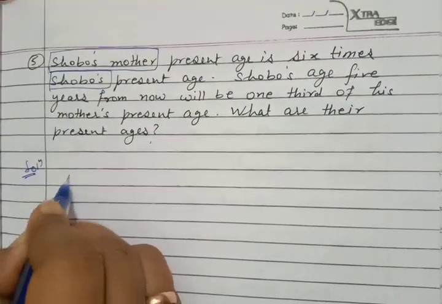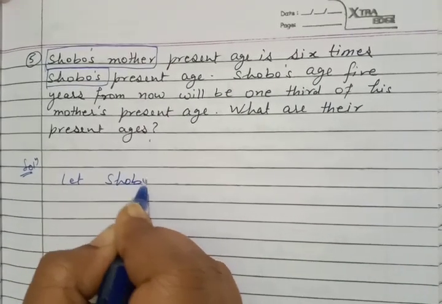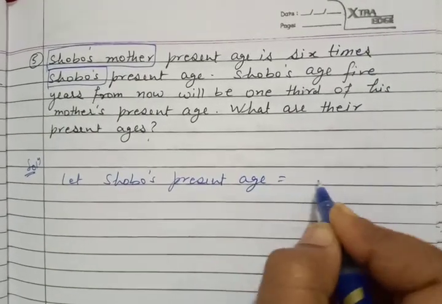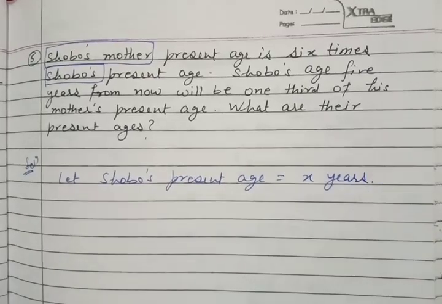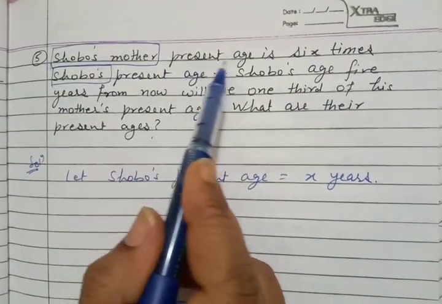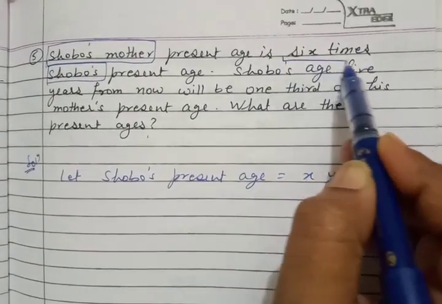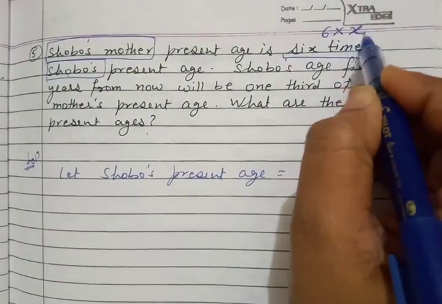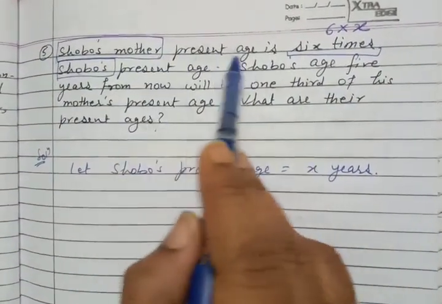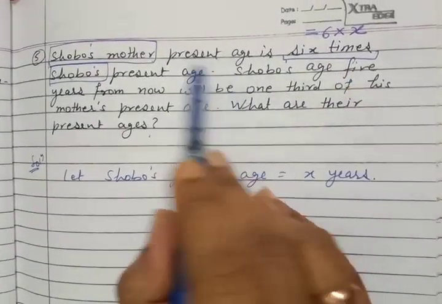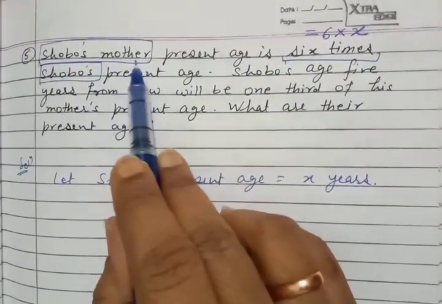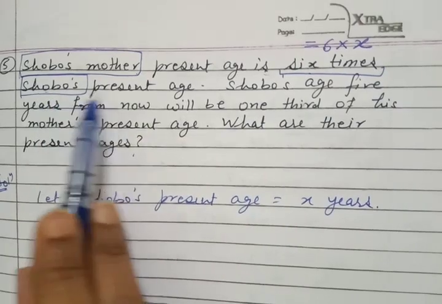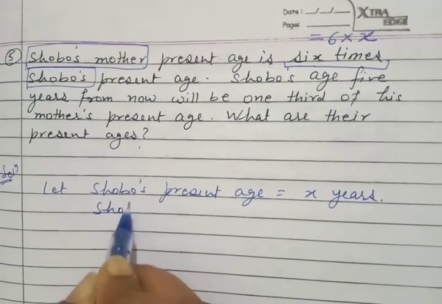So we'll consider, let Shobo's present age be equal to x years. Shobo's mother's present age is 6 times, means 6 multiplied by Shobo's present age, x.